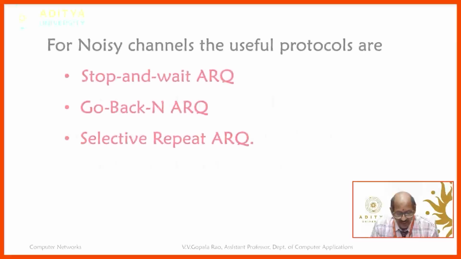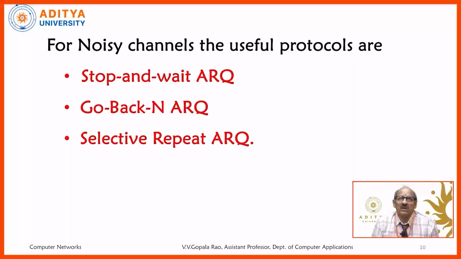The important protocols available for these noisy channels are classified as stop and wait ARQ, where ARQ stands for automatic repeat request; go back N ARQ, where N stands for the number from which the frames are to be retransmitted; and selective repeat ARQ, where the repetition is based on the selection made by the receiver. These are the protocols available for noisy channels.